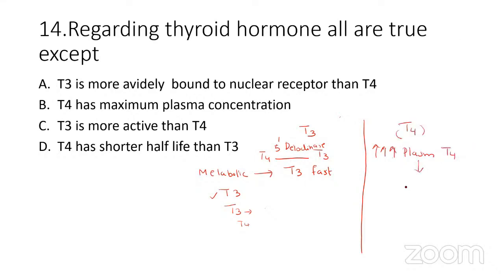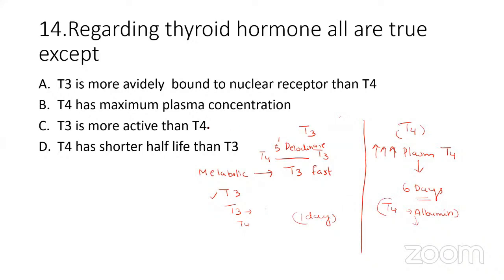The half-life of T4 is 6 days, while T3 has a shorter half-life, only 1 day. T4 is strongly bound with albumin and cannot induce transcription. Only T3 can bind with the nuclear receptor and activate transcription.